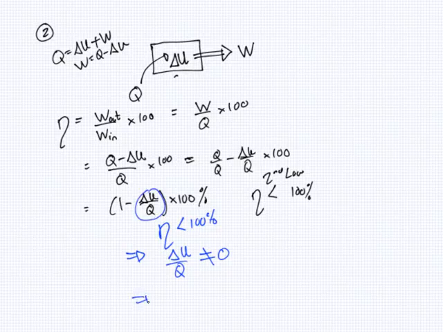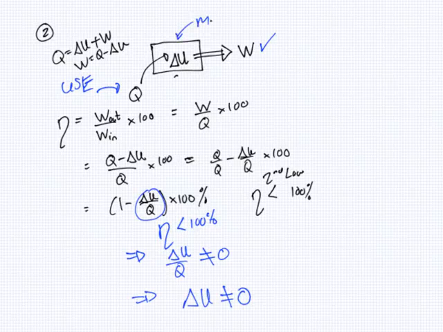Which means that delta U can't be 0. So in other words, if you use Q, heat, to make an engine work, you get your work, but you must have a delta U. The temperature of the machine must rise. I just proved it there.